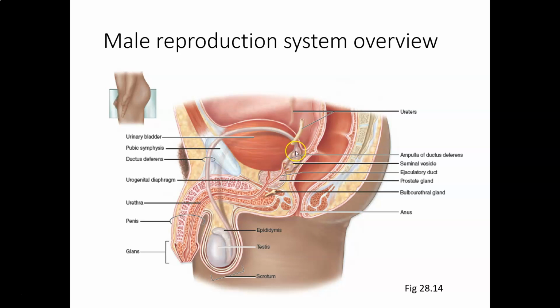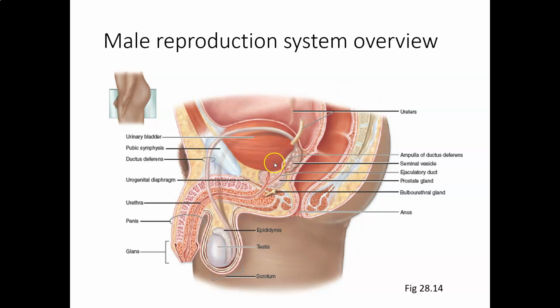But before it hits the male urethra, you actually have the seminal vesicle right here, which secretes seminal fluid, and then you have the sperms. When the sperms are mixed with the seminal fluid, it becomes semen, and you have this ejaculatory duct, right, and then connected to the urethra.